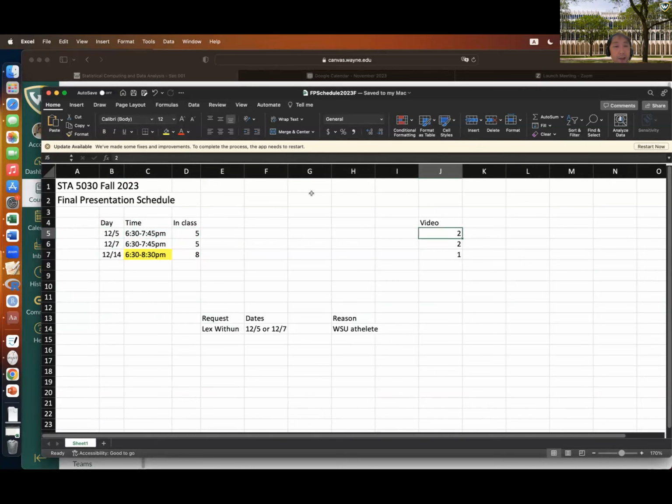And also the video presentations are due on these 3 dates. I would ask you to upload the video to your Google Drive or YouTube channel so that everyone can see it.